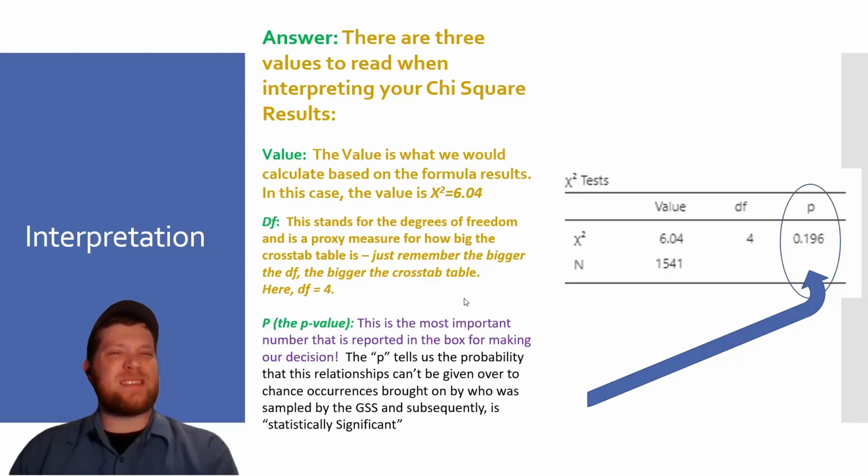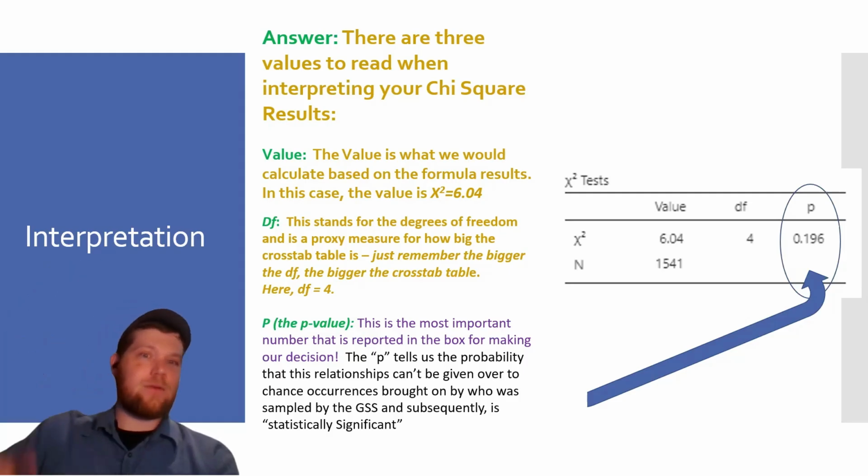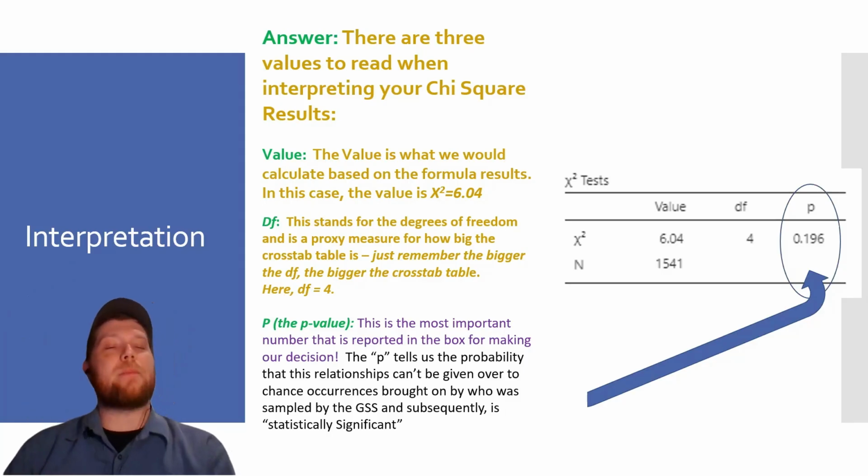The next part is this DF thing called degrees of freedom. I don't worry about that too much in terms of having to do a lot of analysis of it. It's really just a proxy measure, a way to talk about how big your table is, how many columns, how many rows. And the bigger the degrees of freedom, the bigger your table would be.